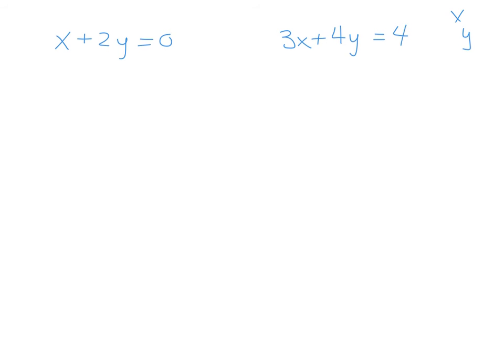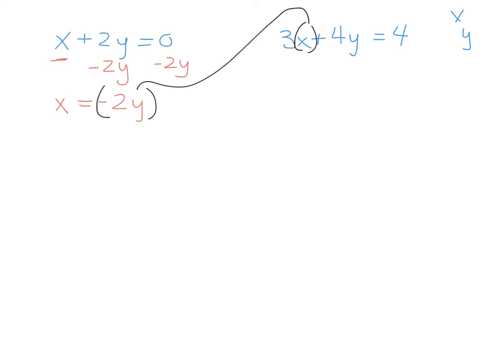So I started by finding that the only variable that doesn't have a number in front of it is right here. So I'm getting that x alone by subtracting 2y. I get x equals negative 2y. I now know what my x equals, so I come over here and substitute it in.